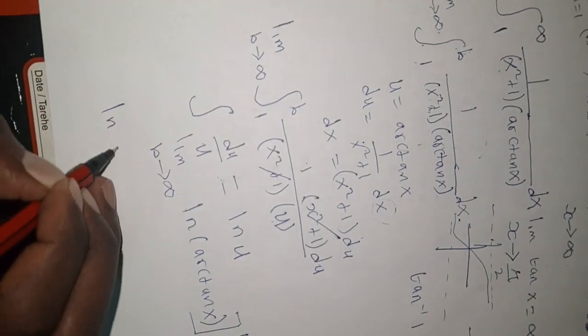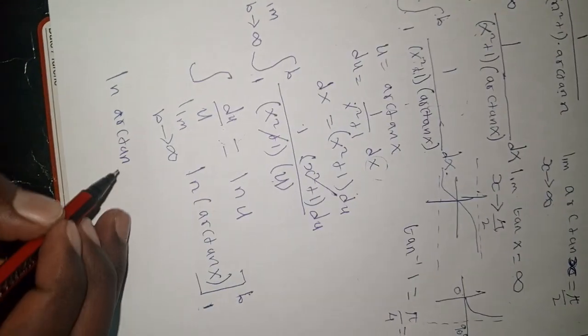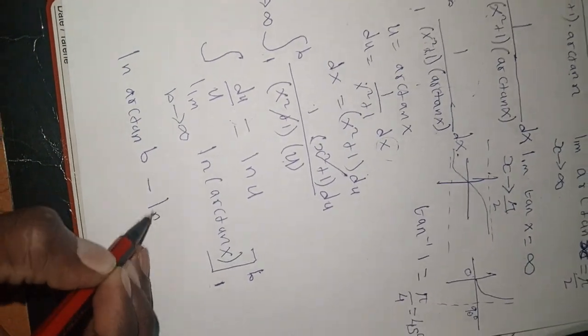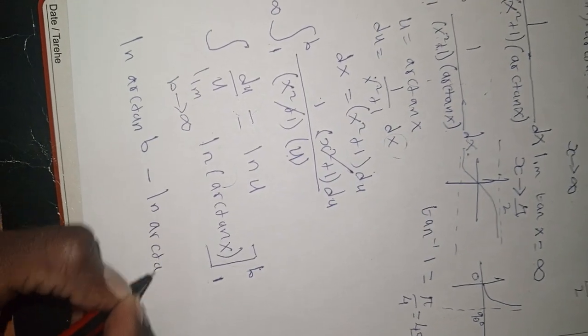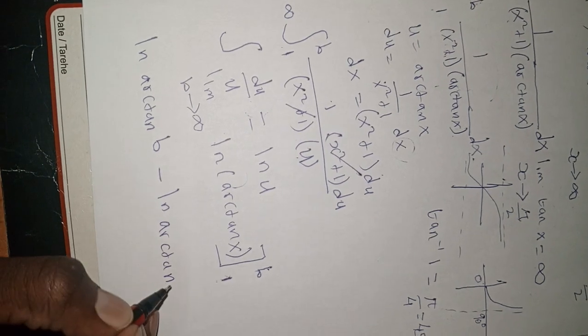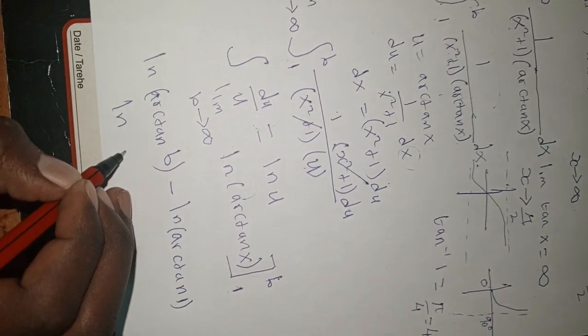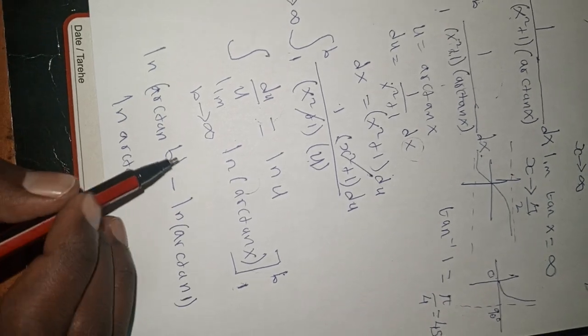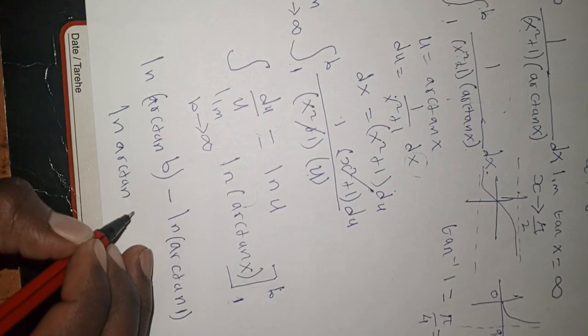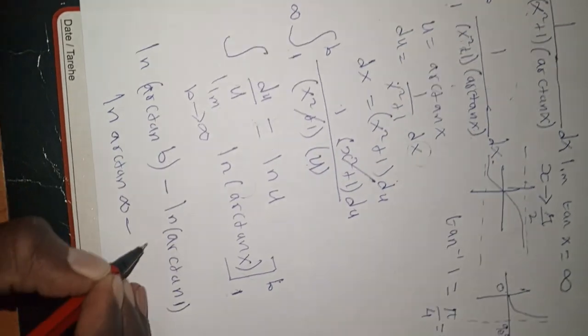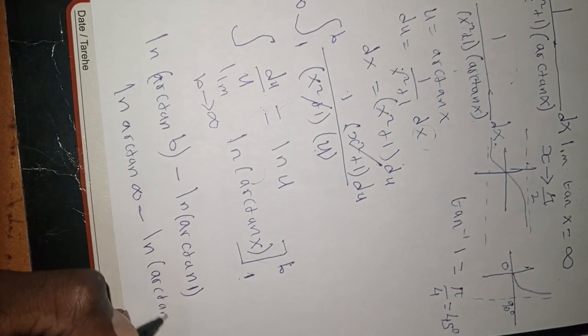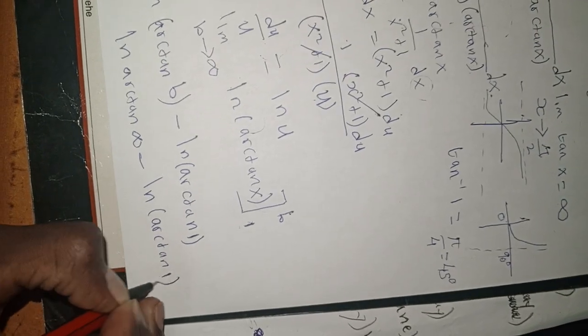We are going to say the integral evaluated at the upper bound, which is b, minus the integral at the lower bound. So ln of arctan b, minus ln of arctan 1. This is where we have reached so far.